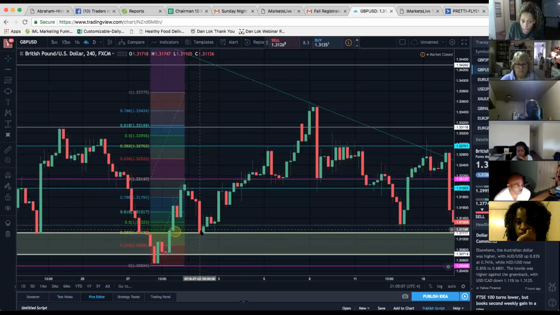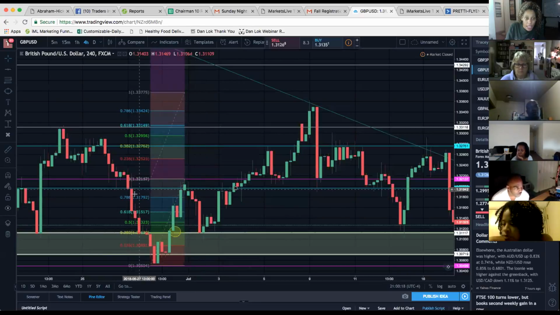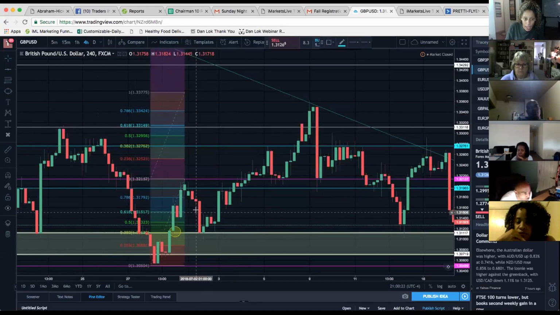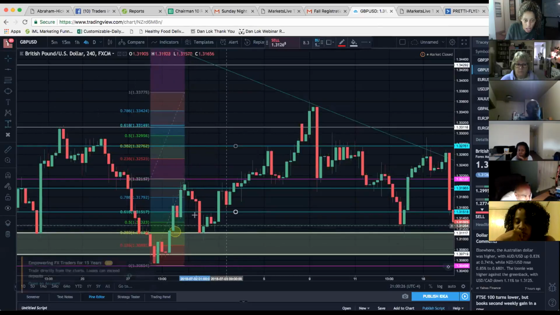Because this drawdown would have pulled you out. You understand what I'm saying? It would have pulled you out. So please use proper risk management. But if you had to put that dollar in right here, all right, and then you get in at 61.8, you have a little bit of drawdown all the way down. Matter of fact, let me measure that drawdown.